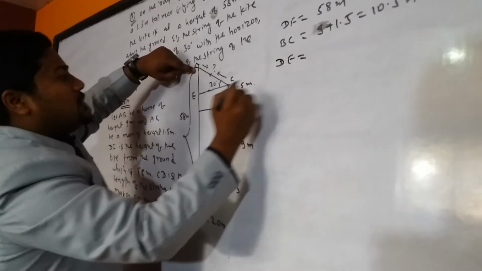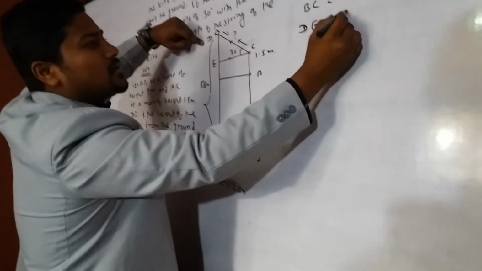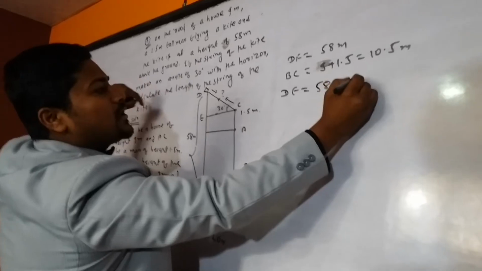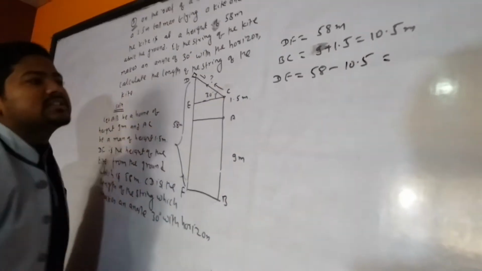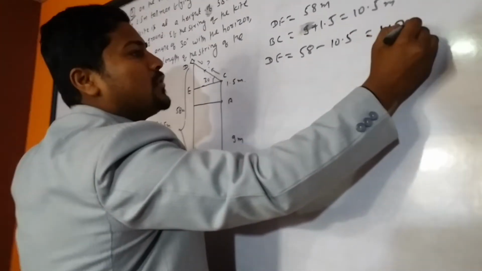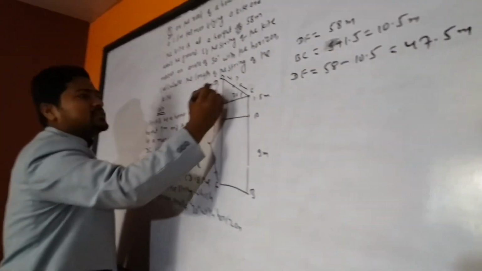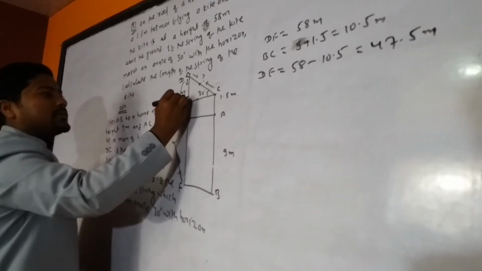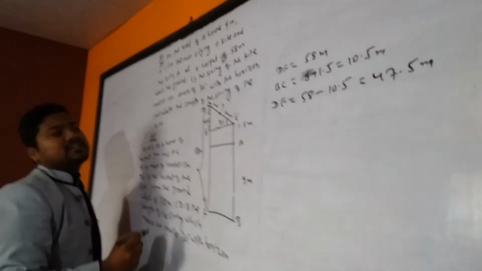DE is equal to the total 58 meter minus BC 10.5 meter. Tell me, 58 minus 10.5, what will come? 47.5 meter. This is called the perpendicular, 47.5 meter, this value is given.